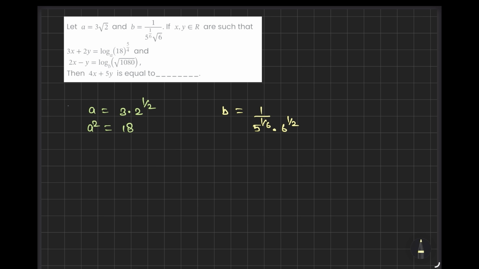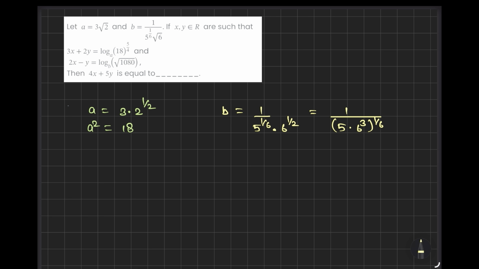Now the least power is this, so I'll make everything into a power of 6. So it will look like 5 into 6 power 3, and then the power will be 1 by 6.